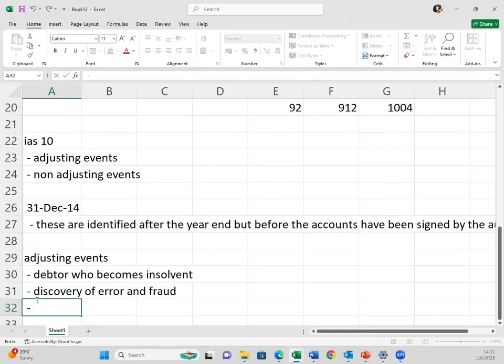Then if we discover maybe that the inventory was not recorded at the lower of cost. It's normally discovered if you sell at a price lower than cost. Inventory is sold at a price lower than the amount recorded in the accounts.